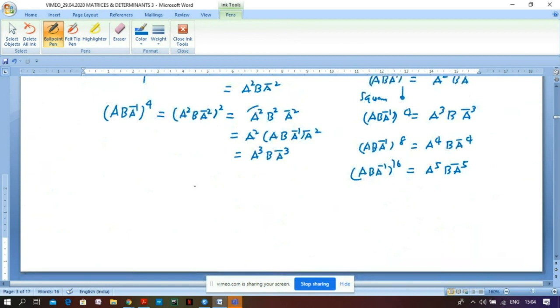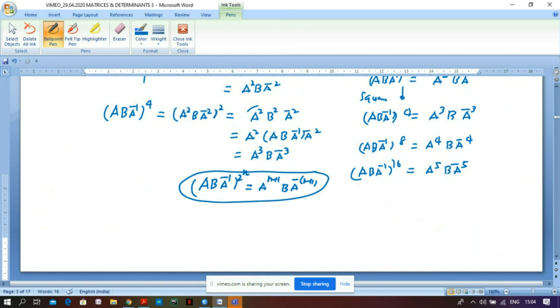In general, if you're interested, it will be A inverse and 2 to the power n, where n is a positive integer, which gives A to the power n plus 1, B times A to the power minus n plus 1, for the matrix defined as in the question, that A inverse is B squared.